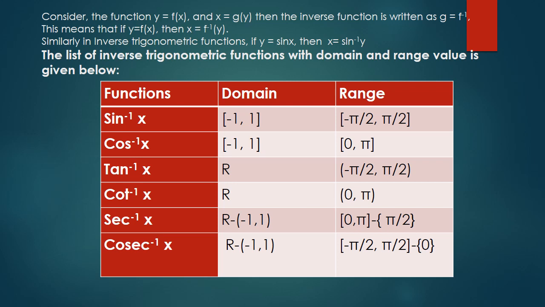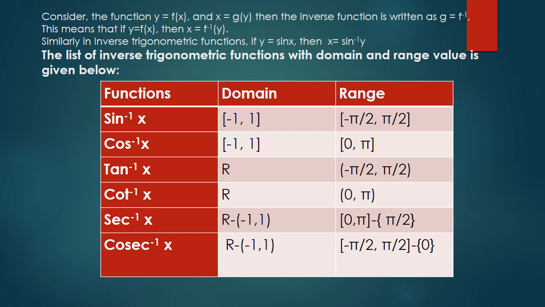If we have a function y is equal to f(x) and x is equal to g(y), then the inverse function is written as g is equal to f inverse, where y is equal to f(x) means the value of x will be equal to f inverse of y.